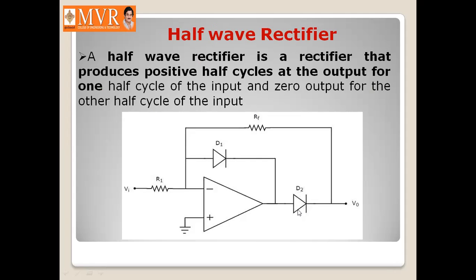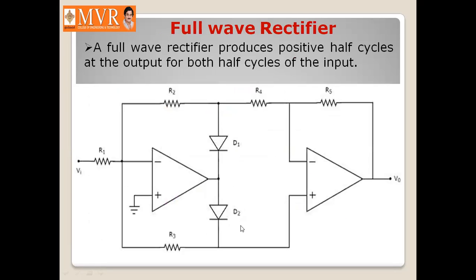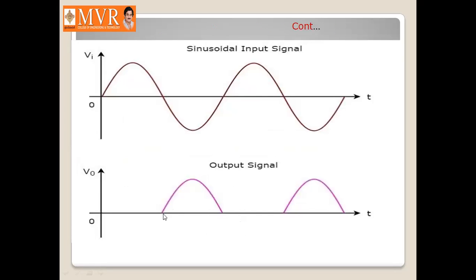Hence the D2 diode is forward biased and acts as a closed switch, and the output of the operational amplifier is going to pass to the output of this circuit. Hence, during the negative half cycle, we are going to obtain a positive signal here.